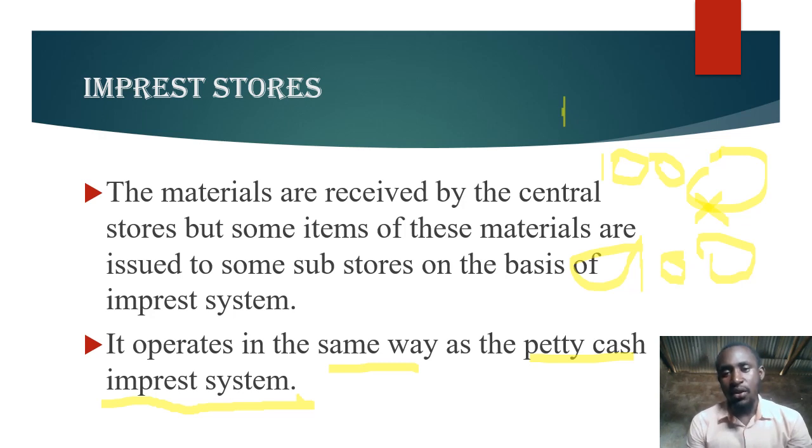They will only give you the 900 used, so that the remaining 100 plus the 900 will fill it, and the imprest quantity of 1000 will still be maintained.